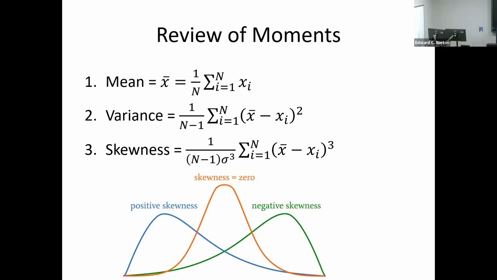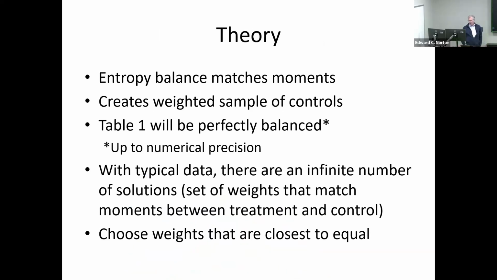It's the cube of that difference, normalized. And you can keep going. There are an infinite number of moments. But what we typically care about in terms of matching distributions is the mean, variance, and perhaps skewness. So for continuous variables, we are going to want to match not only the mean, but also probably the variance and skewness.